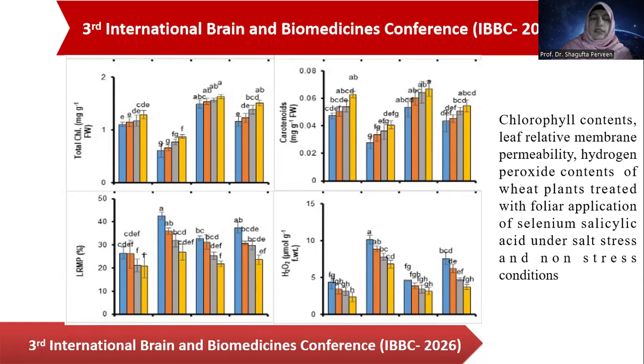However, the foliar application of selenium and salicylic acid in combination decreased the leaf relative membrane permeability and hydrogen peroxide contents in both wheat varieties, and the response of Dilkash 20 was better as compared to MH21 towards the foliar application of selenium and salicylic acid under salt stress and non-stress conditions.